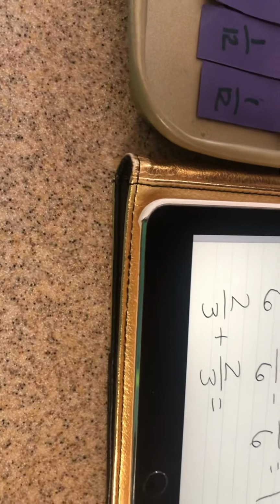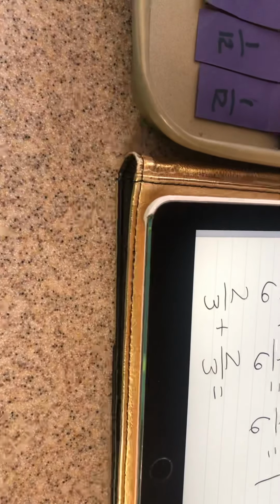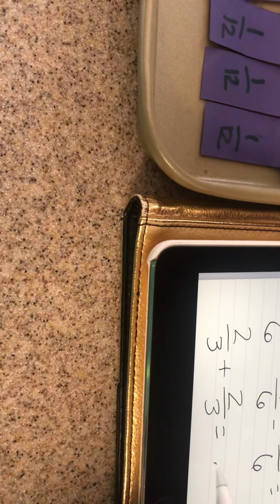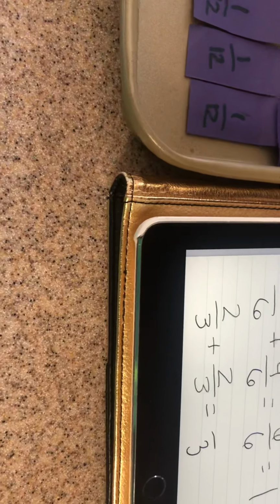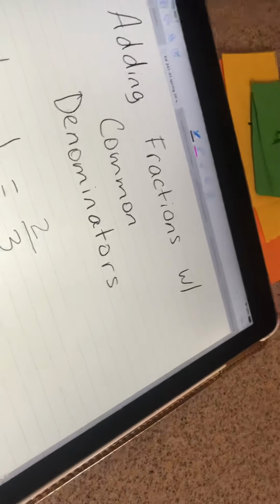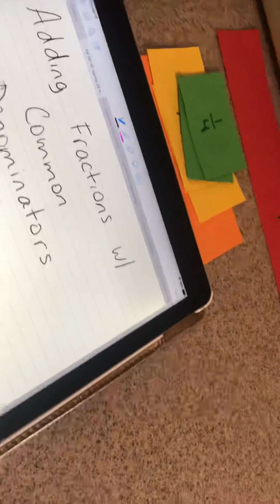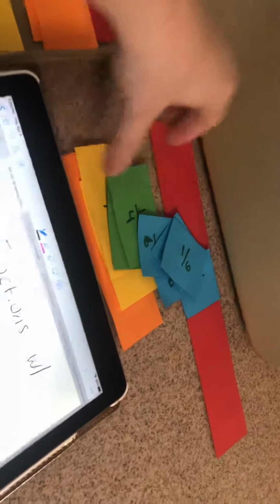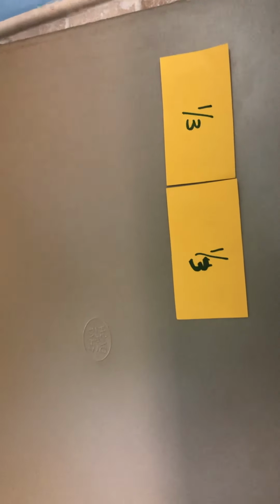So let's look at this last case. 2/3 plus 2/3. Again, you keep the same denominator, add your numerators. So we have an improper fraction here. Let's see how we can model that. Two-thirds plus 2/3.